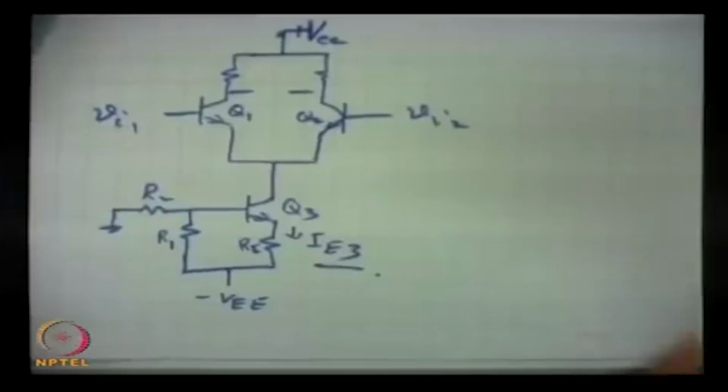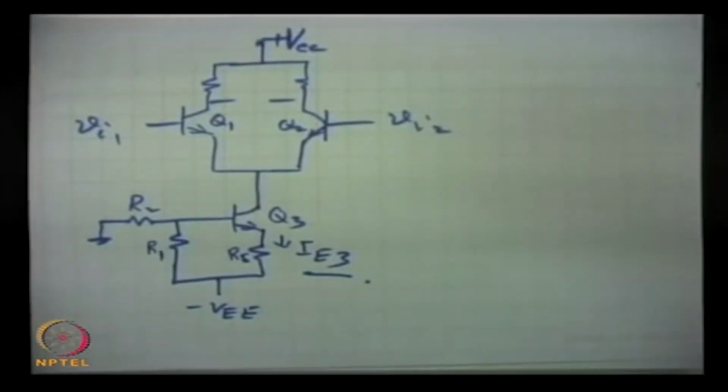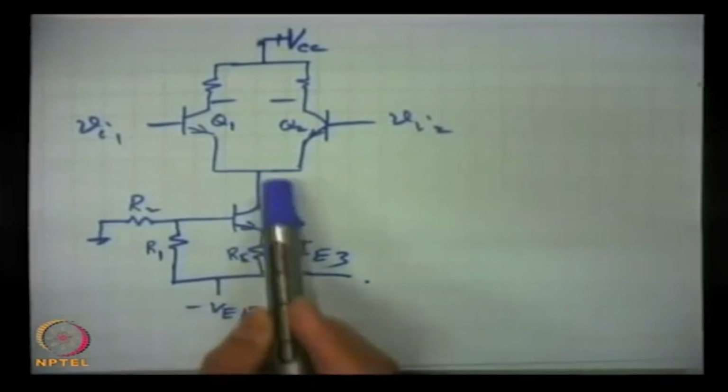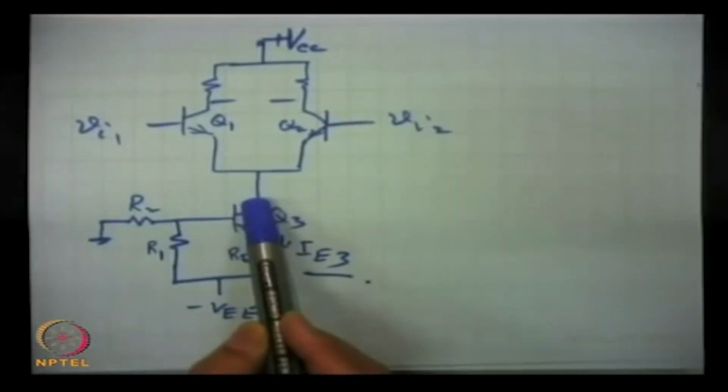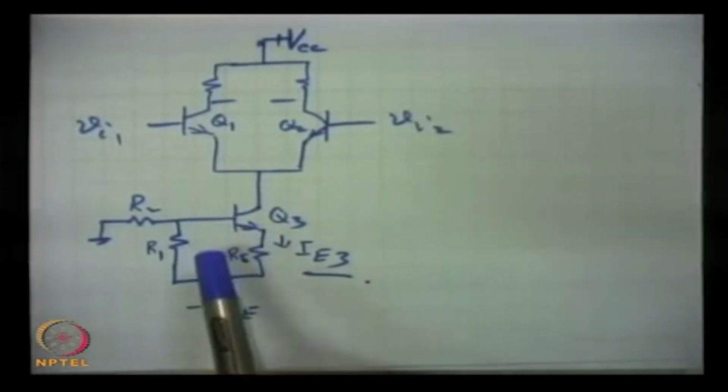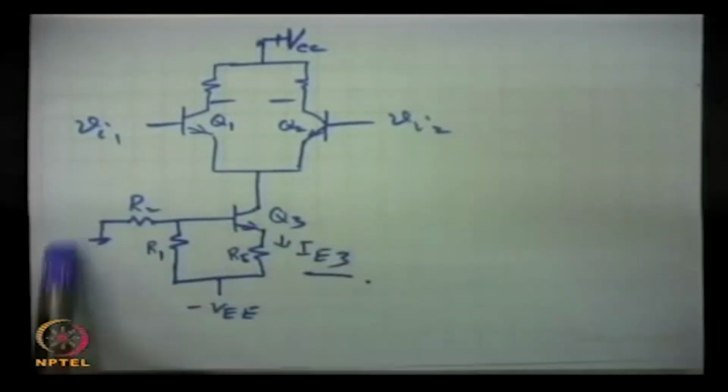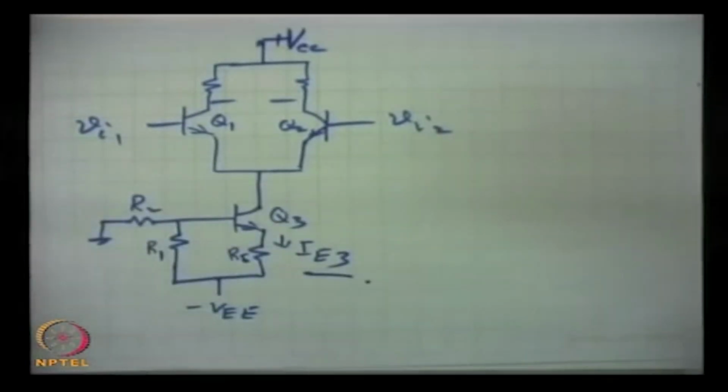So, the circuit under discussion was this, where the resistance R e and battery V E E have been replaced by this transistor circuit.